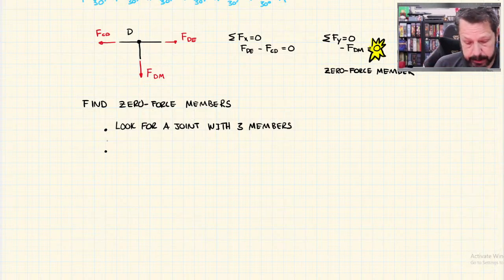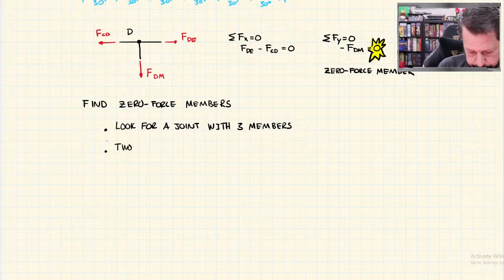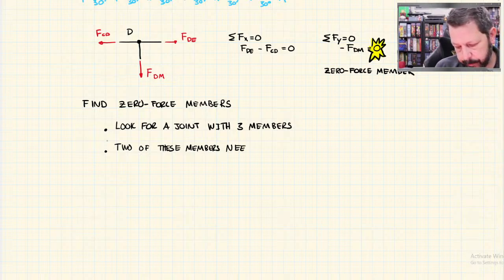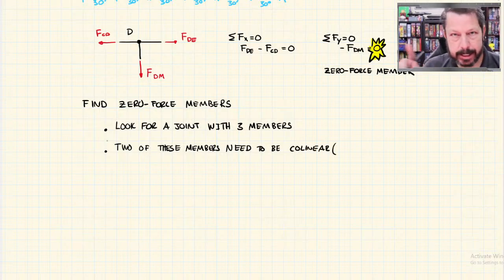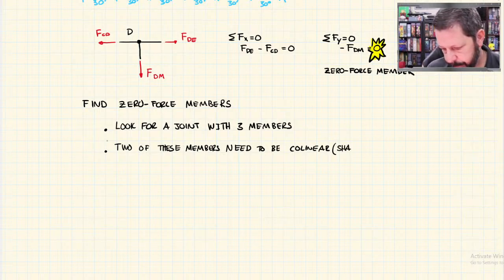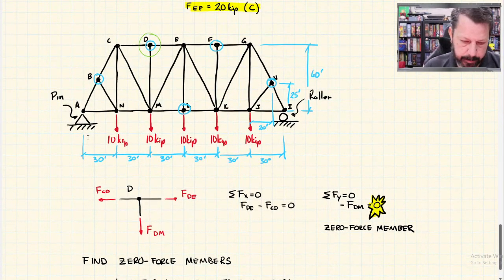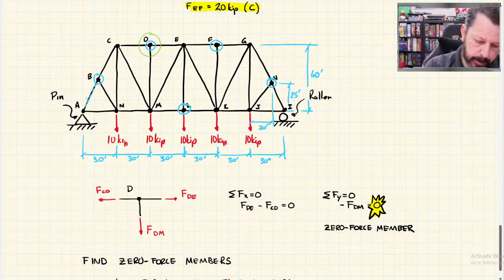2 of these members need to be collinear. That means they share the same line of action. Okay, so here AB and BC are collinear.